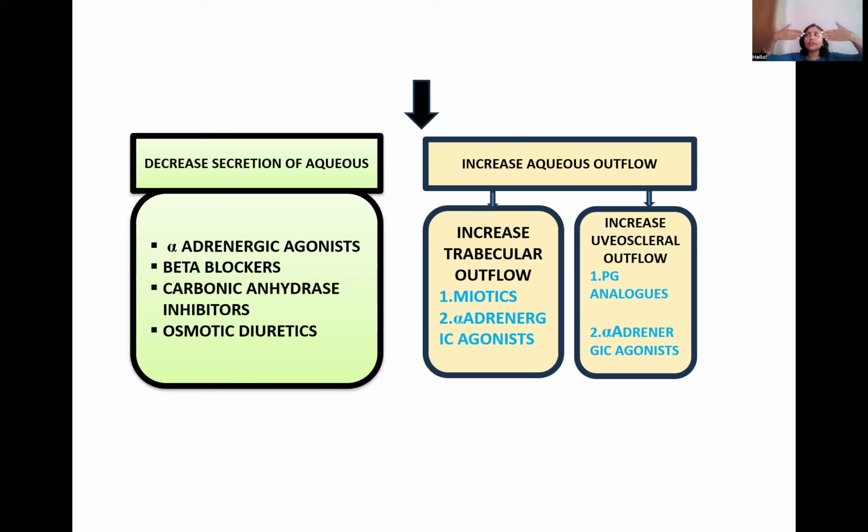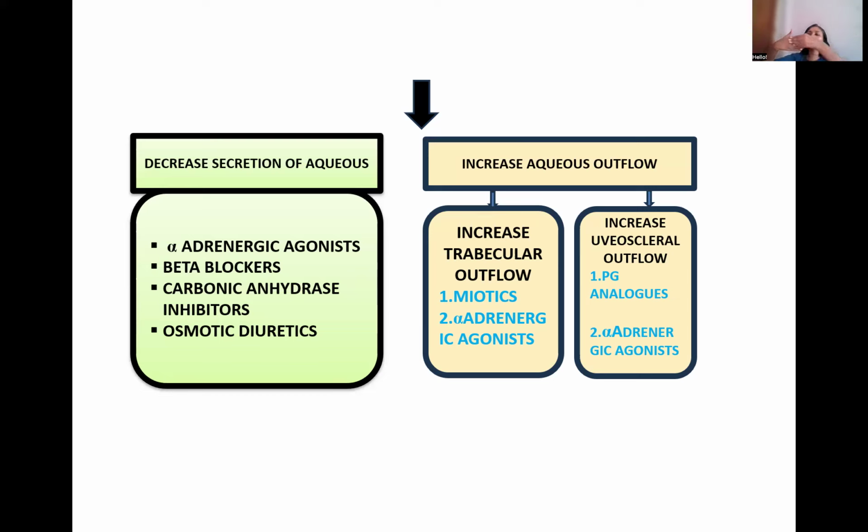Now, if the iridocorneal angle is obliterated, this angle is important. Why? Because it helps in the trabecular outflow. This trabecular outflow will not happen if mydriasis is occurring or if the pupil is dilated. Why?